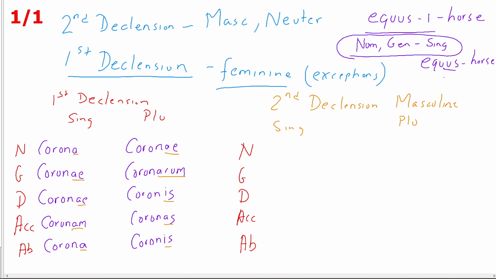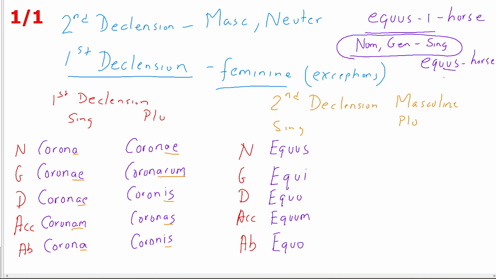So let us quickly do this. Equus, then you have equi in the genitive singular. Dative singular would be equo, accusative would be equum, and ablative would be equo.